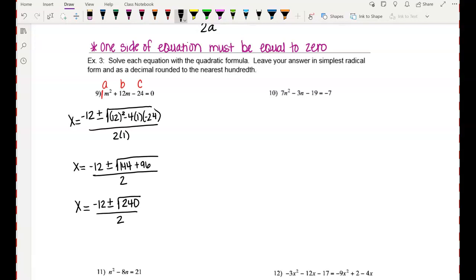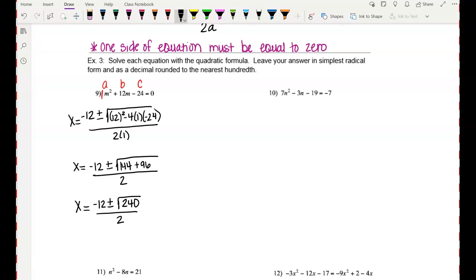Now some of you, if you do have a calculator that does math mode, it will simplify that radical 240 for you. But I know not everybody has that math mode available, so some of us may have to simplify that radical 240 by hand, and that may take a little bit more work.